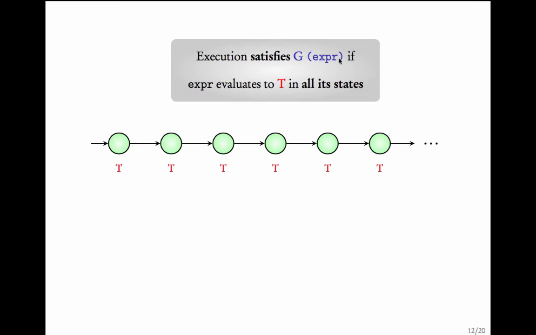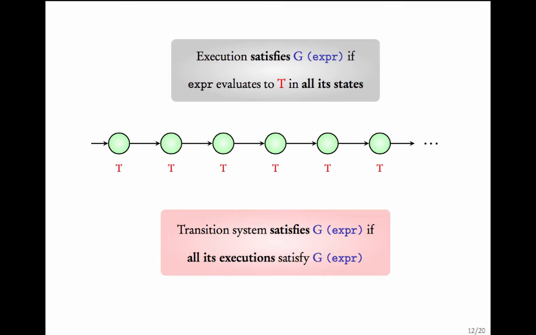Given an execution and an expression, you should evaluate and see if it is true in all the states. If it is true, then this execution is said to satisfy G of expression. And the transition system satisfies G of expression if all its executions satisfy G of expression.